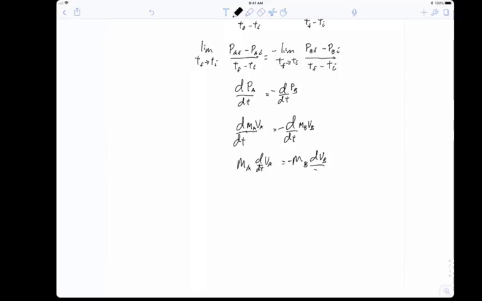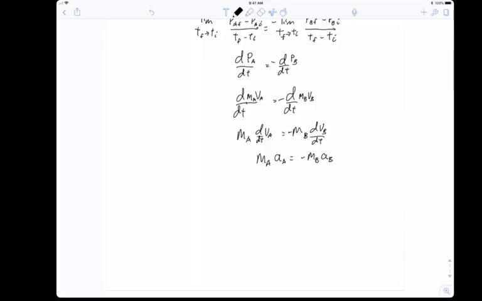Minus MB dVB by dt, and so this is MA AA is equal to minus MB AB. So if you want to, you can say, hey, look, AA over AB is equal to minus MB over MA. They're proportional with respect to their inertias. That's fun, right? Let's see if anybody thinks that's fun.